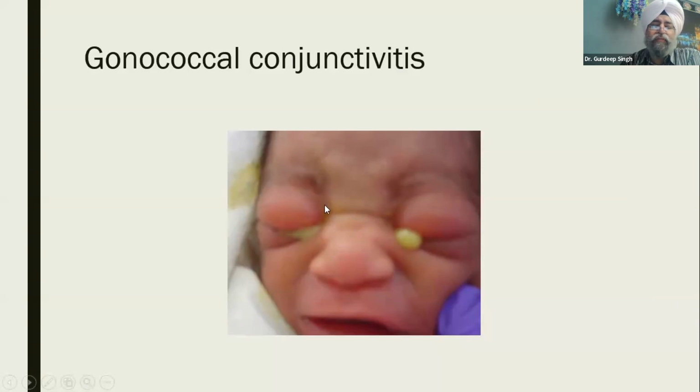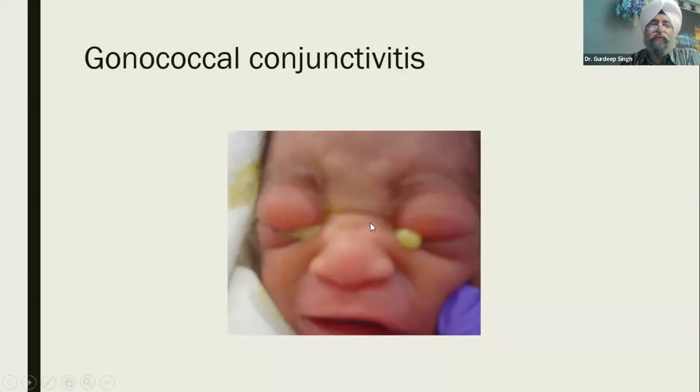The organism can be different in nature. In these kinds of cases, if possible, open the eye and kindly have a look at the cornea. Otherwise, this is what we call conjunctivitis, neonatal conjunctivitis. This is what it looks like, and treatment depends upon what we find here.